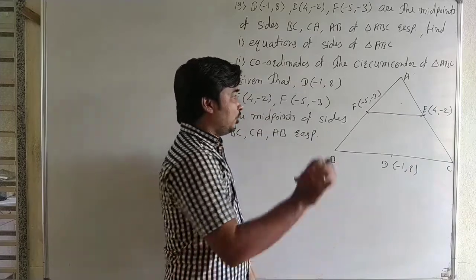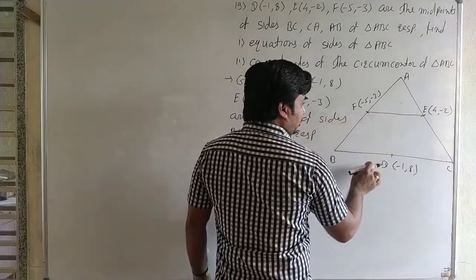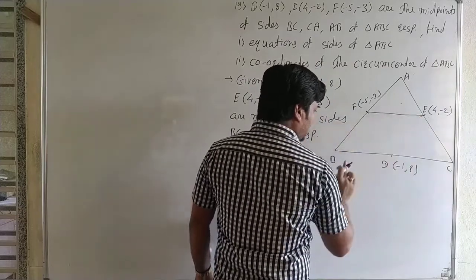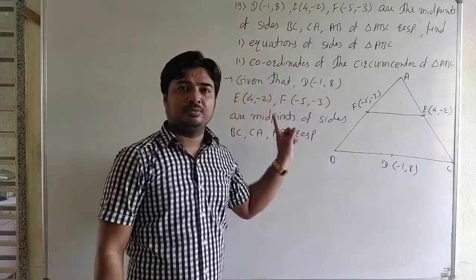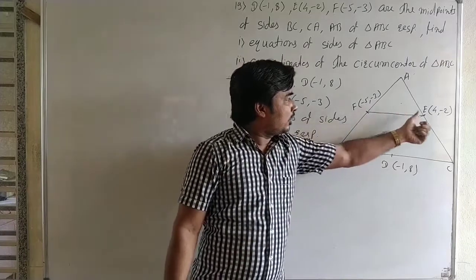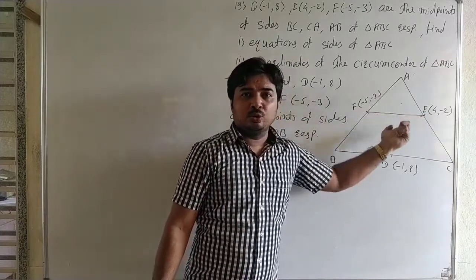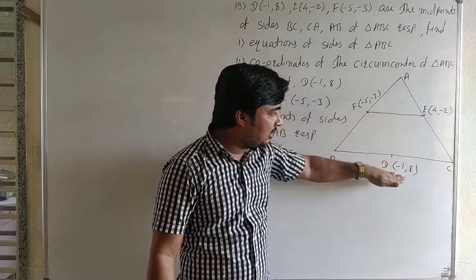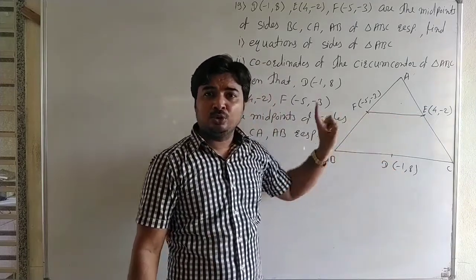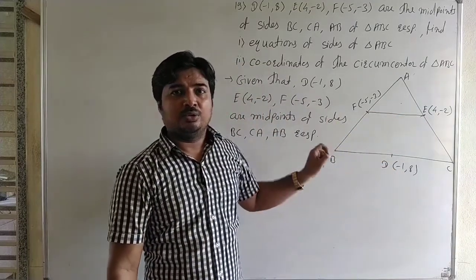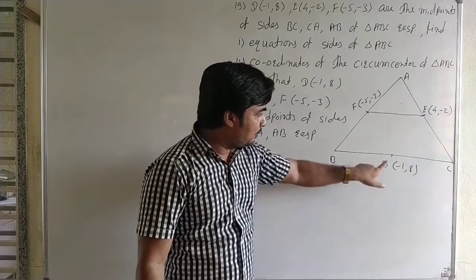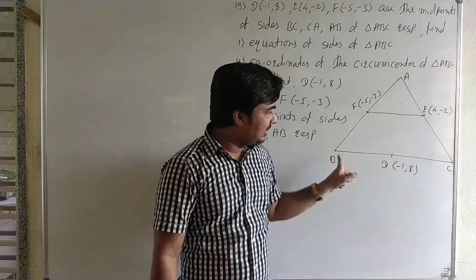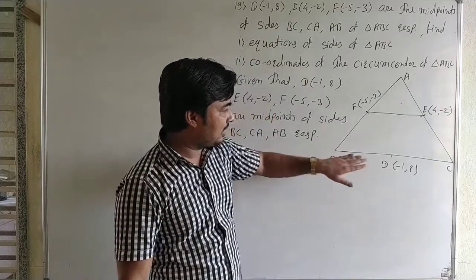That means the slope of EF and the slope of BC are the same. Here it is the slope of EF, passing through 2 points. We know the slope of EF, and EF is parallel to BC. Therefore, we know the slope of BC, and BC passes through the point D, since D is the midpoint of side BC.